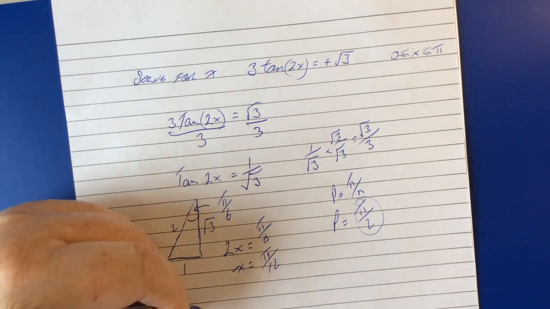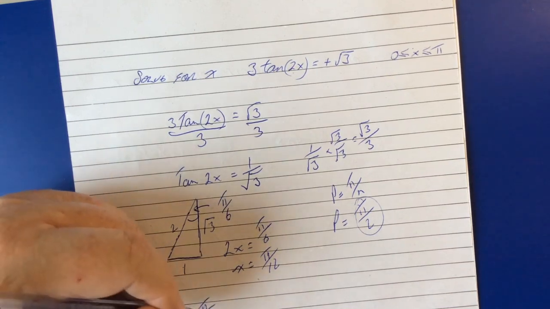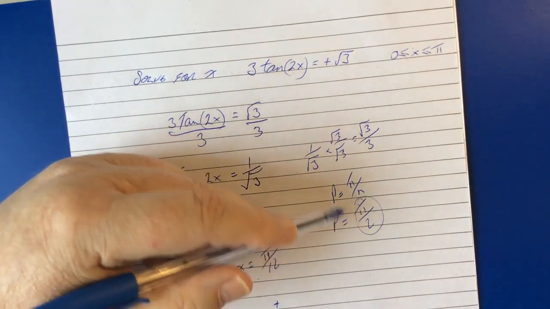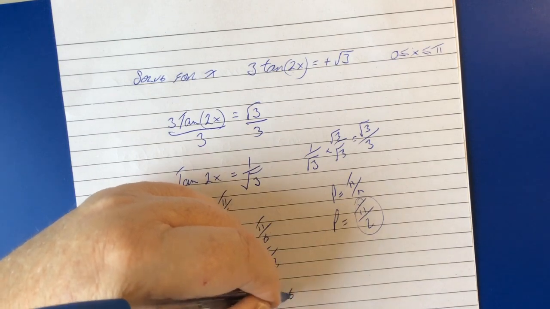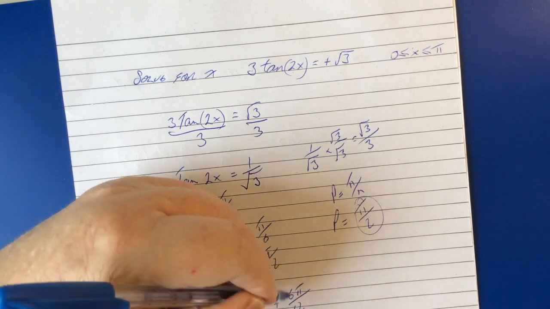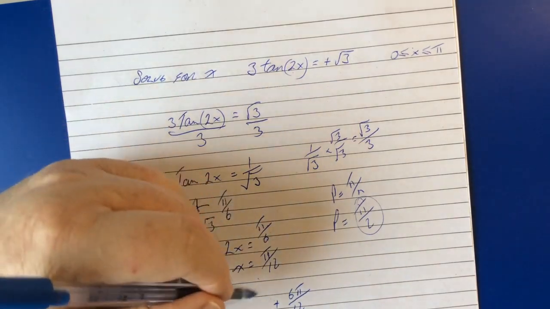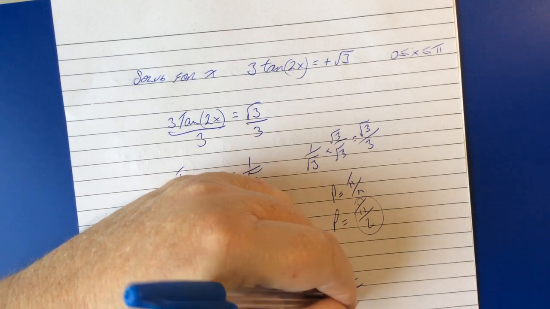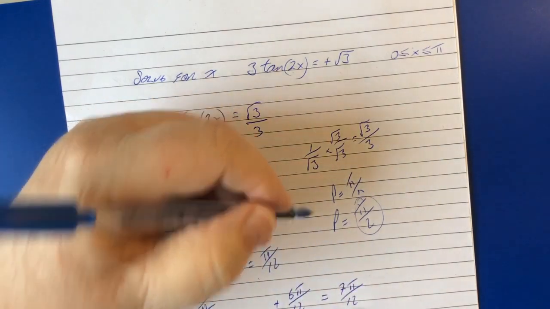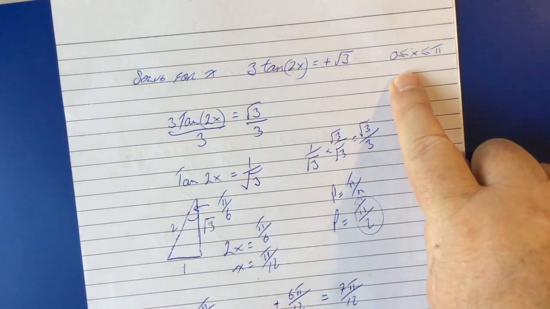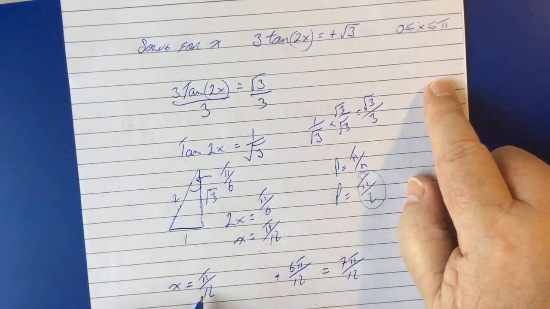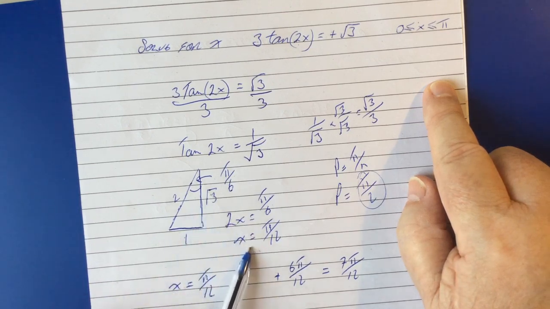We know that x is equal to pi on 12. Now, if we add pi on 2 to that, that's the equivalent of 6 pi on 12. That's pi on 2. And what we're going to get is 7 pi on 12. Now that is still within the parameters of 0 to pi. I hope you can see that, sorry. So just to go back over this, x equals pi on 12, we've worked that out from here.